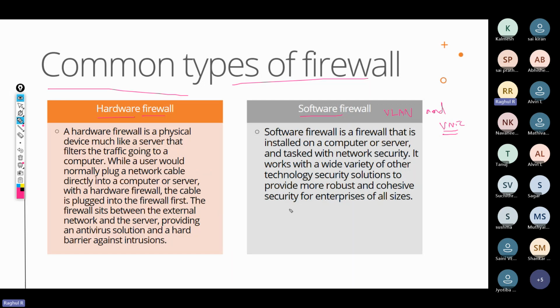Those things are much cheaper in a software firewall, because in a hardware firewall you need to purchase a license in a different way. You purchase the license for each and every application available in the firewall, and your hardware firewall has a serial number, and your license should be mapped to that serial number, then only your hardware firewall will work.